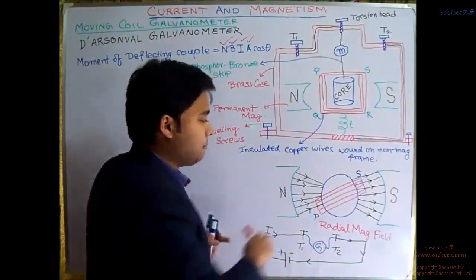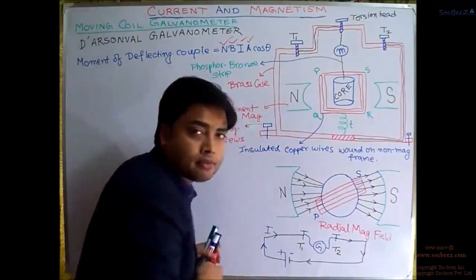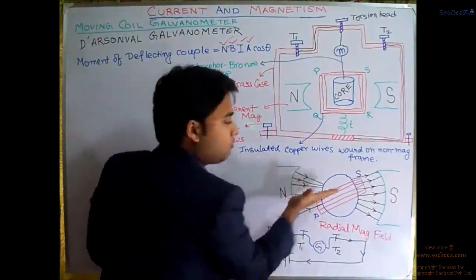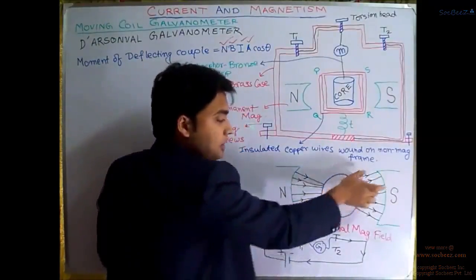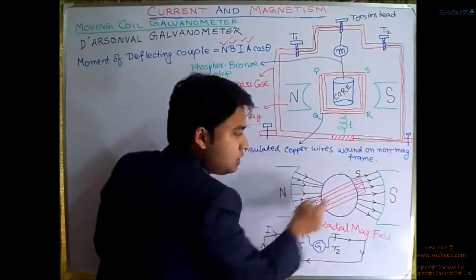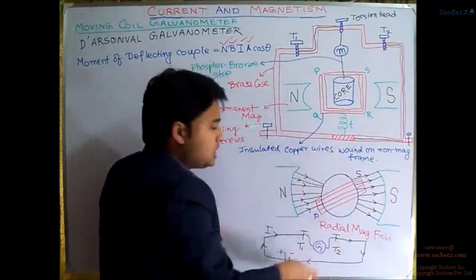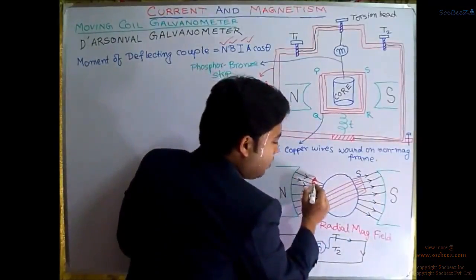Say, for example, it is now parallel to these lines, right? The plane of this PQRS coil is now parallel to these lines 1, 2, 3. And if it is twisted, you will see it likewise.